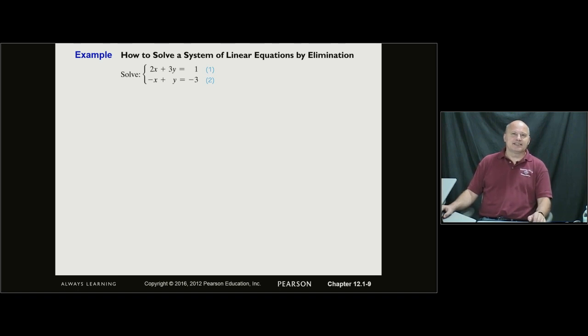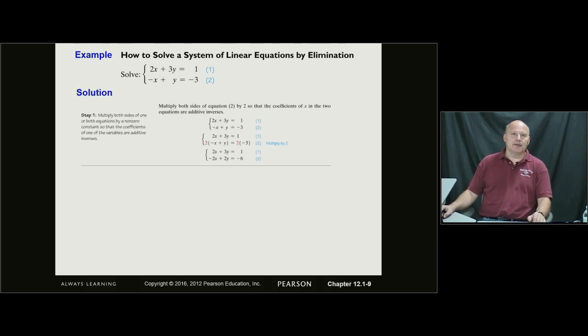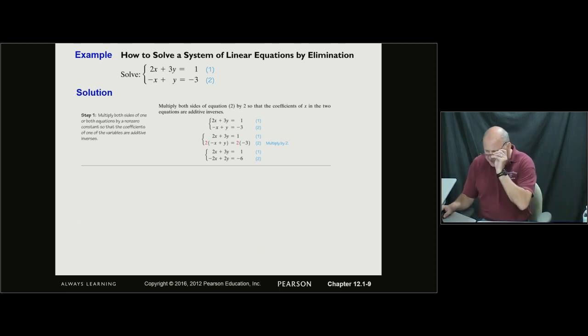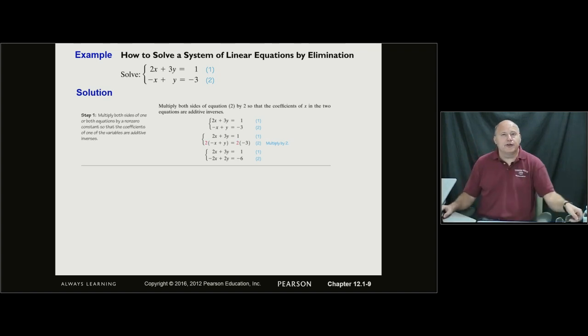Well, what you're going to do is decide on which variable you want to eliminate. It looks to me like they are deciding to eliminate the x's. So you're going to take that first equation and leave it alone, 2x plus 3y equals 1. But you're going to take the second equation. You remember you can multiply the equation by any number you want.